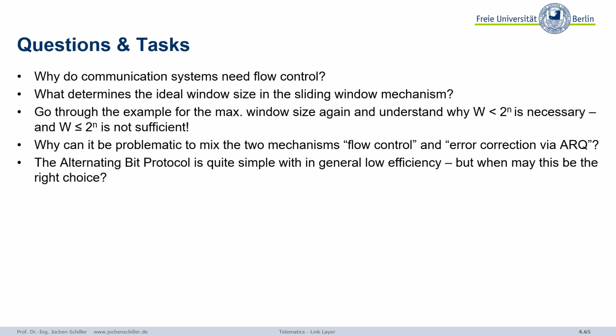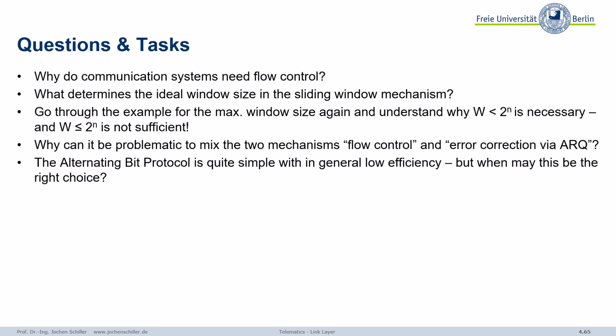Please do go through this example for the max window size again and understand why really this window size has to be less than 2 to the power of n. Play a bit with window size equals 2 to the power of n, and then you will see what the problem is.